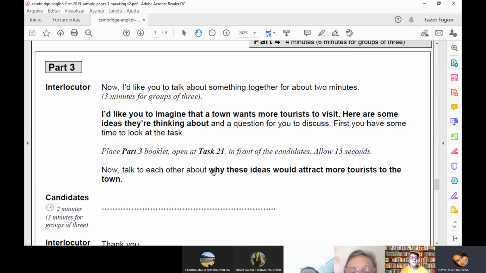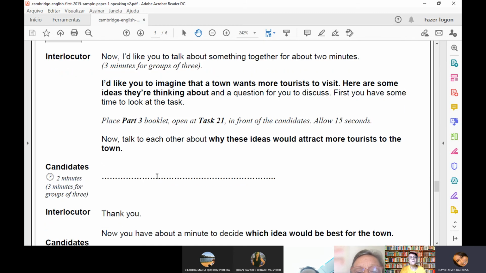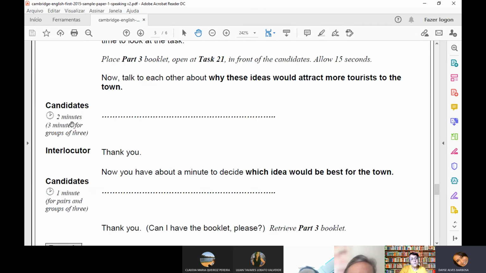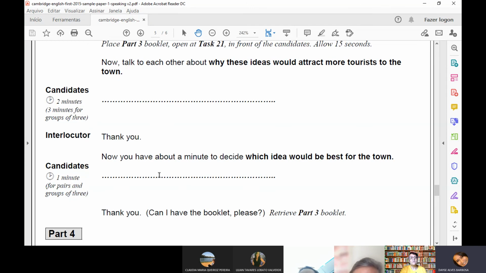Allow 15 seconds, and then after the 15 seconds have passed, the interlocutor will say, now talk to each other about why these ideas would attract more tourists to the town. And the candidates have 2 minutes to interact. Okay, 3 minutes if it is a group of 3. When the time is up, the interlocutor will say, thank you.